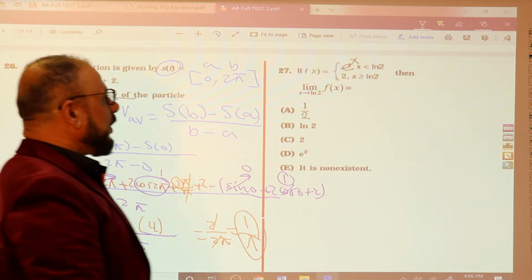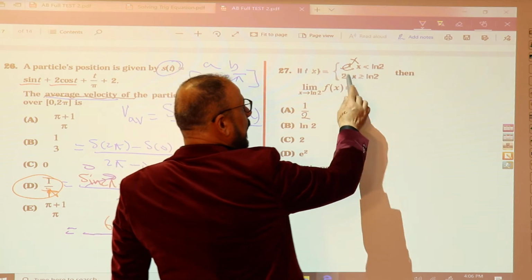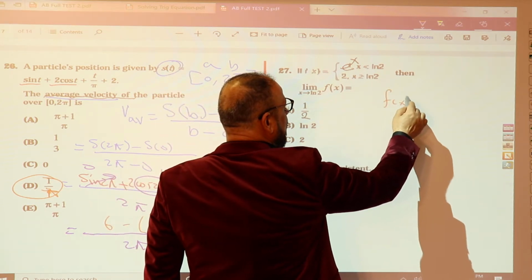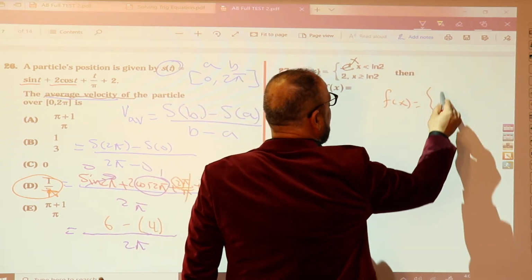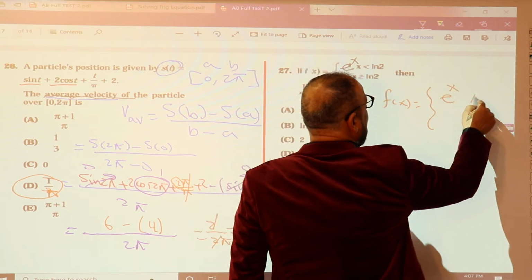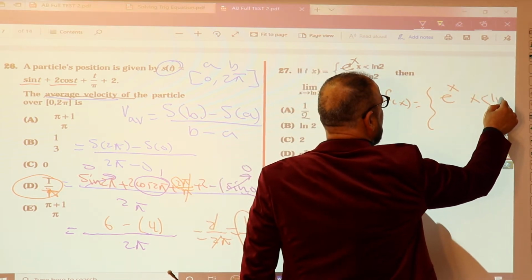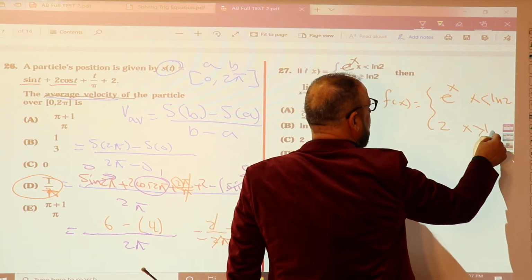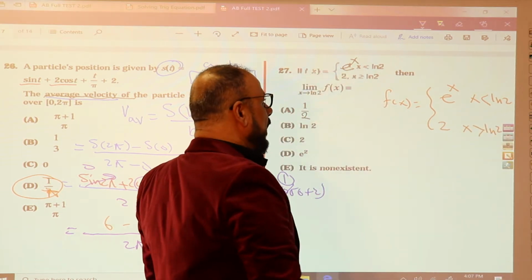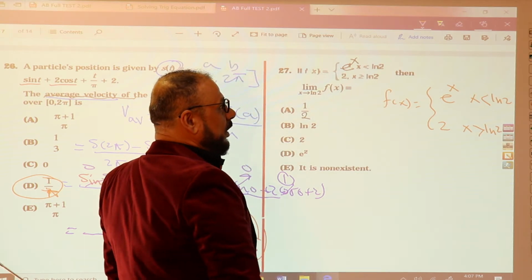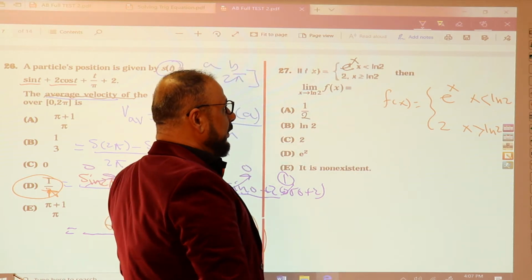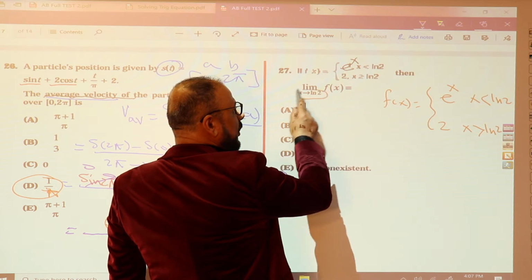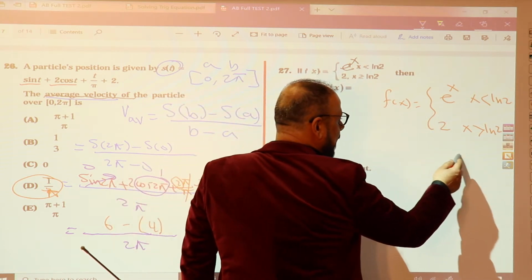Now here, he said limit. I'm going to write this function f of x as e to the x when x is less than ln 2, and 2 when x is greater than ln 2. Watch with me what's going on. The limit as x goes to ln 2 has left and right sides.